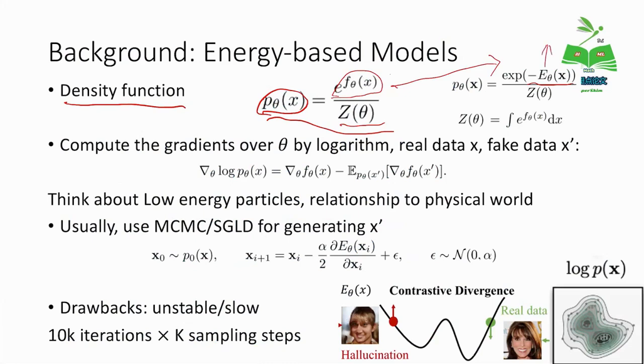Sometimes they write it in negative, it's fine. And the denominator is the integration of the numerator over all x, so we can see it's something similar to the softmax.